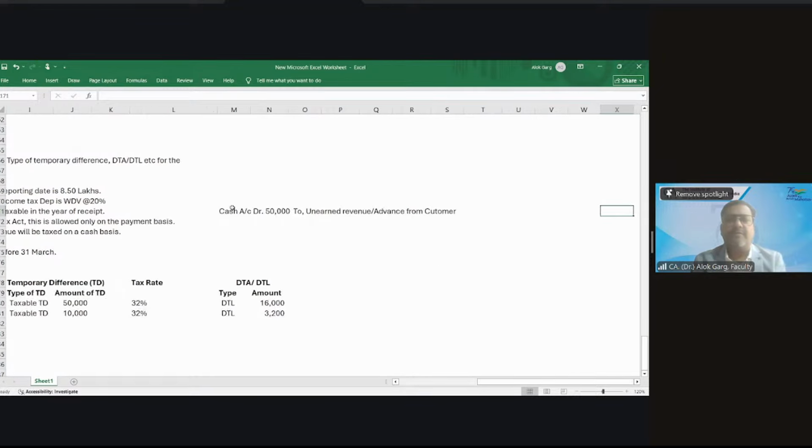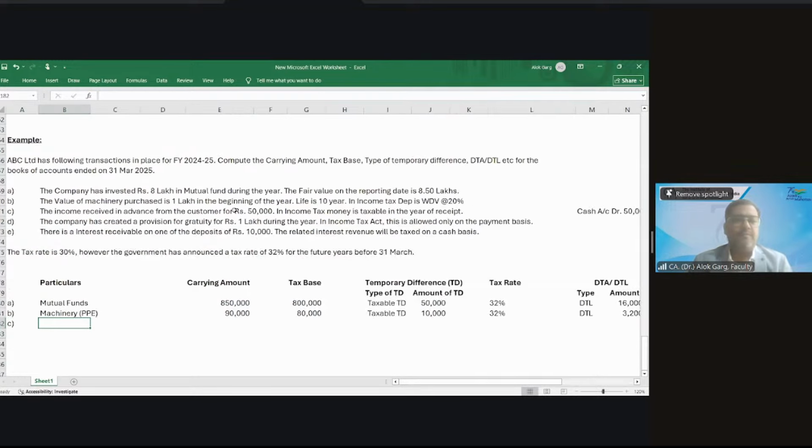To unearned revenue or advance from customer, 50,000. Okay, so advance from customer, or let's say unearned revenue.